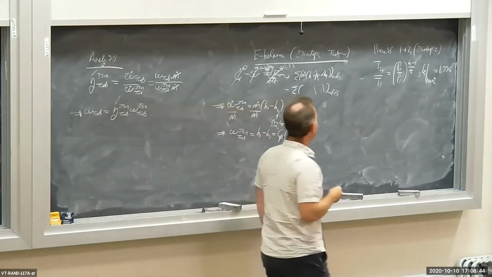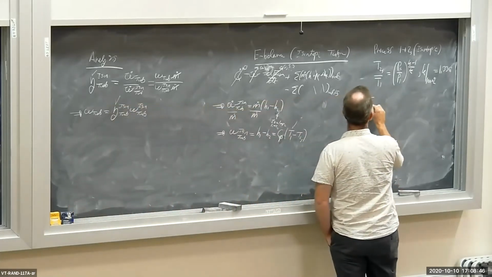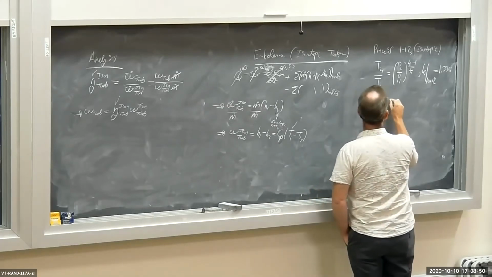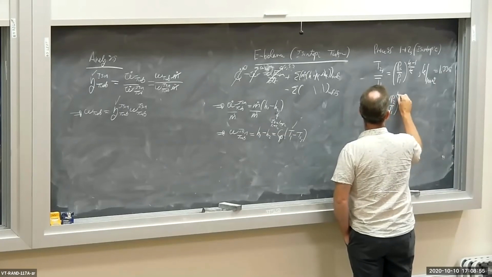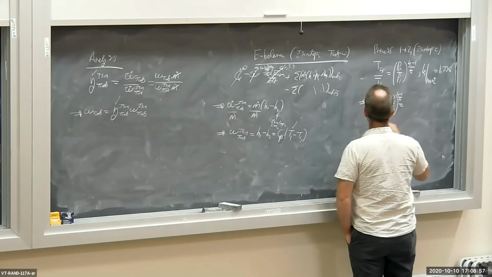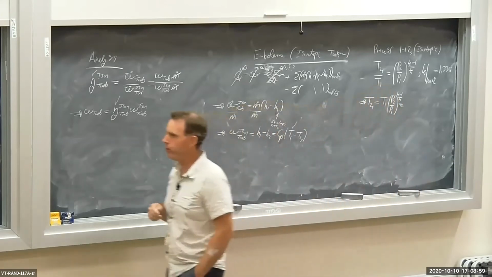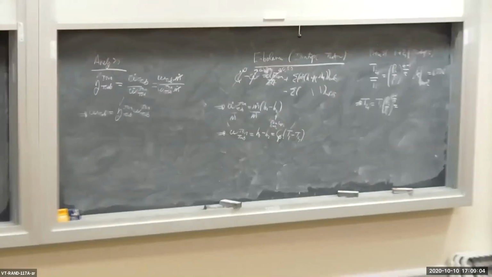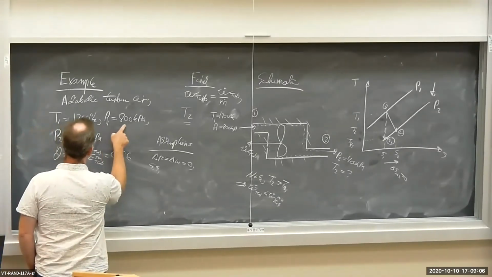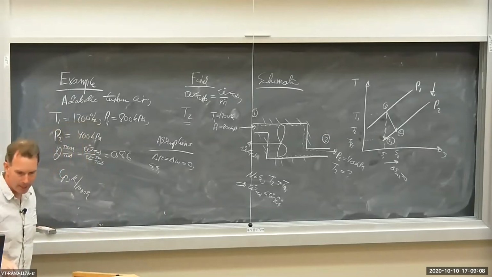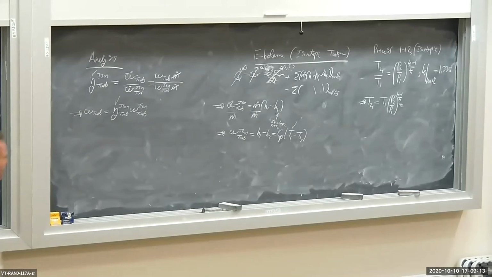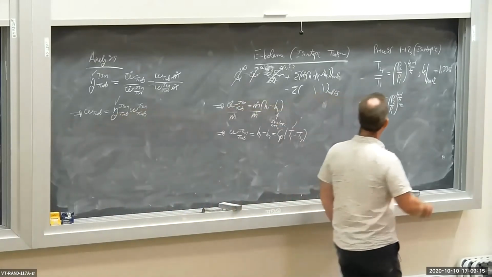All right, let's calculate T2 sub S. That's going to be equal to T1 times P2 over P1 to the K minus 1 over K. T1 is 1,200 degrees Kelvin, and the pressures are 800 and 400 kPa. Pressure drops through the turbine as we're extracting energy.